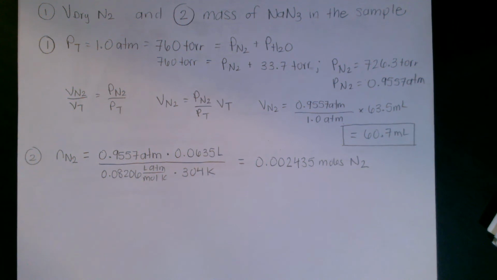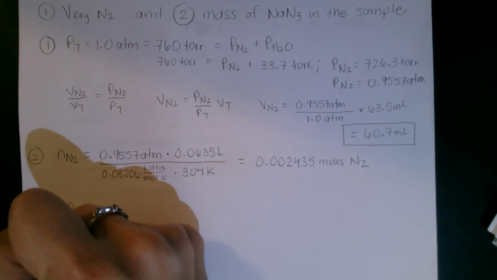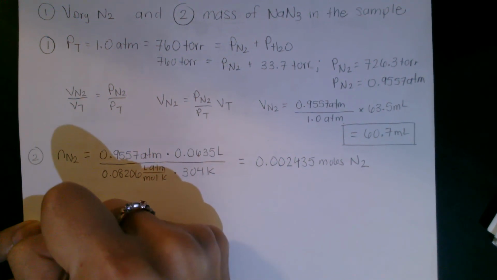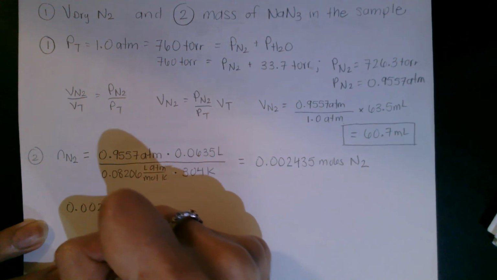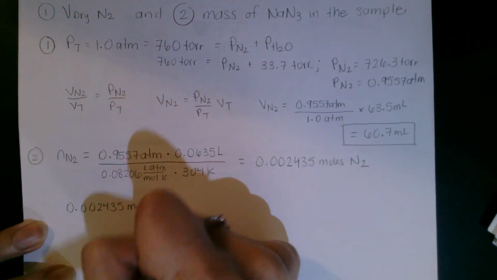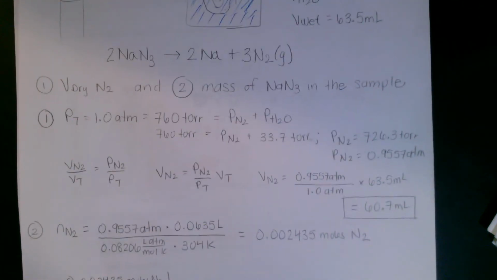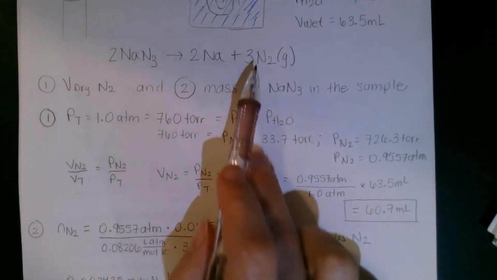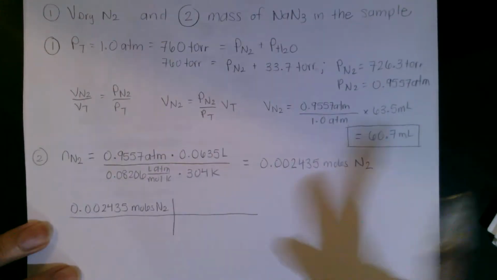Okay, so now to work backwards to figure out how much sodium azide we initially had in there, just a little bit of stoichiometry. We start with 0.002435 moles of N2. Going back to the reaction up here, we have a 3:2 ratio.